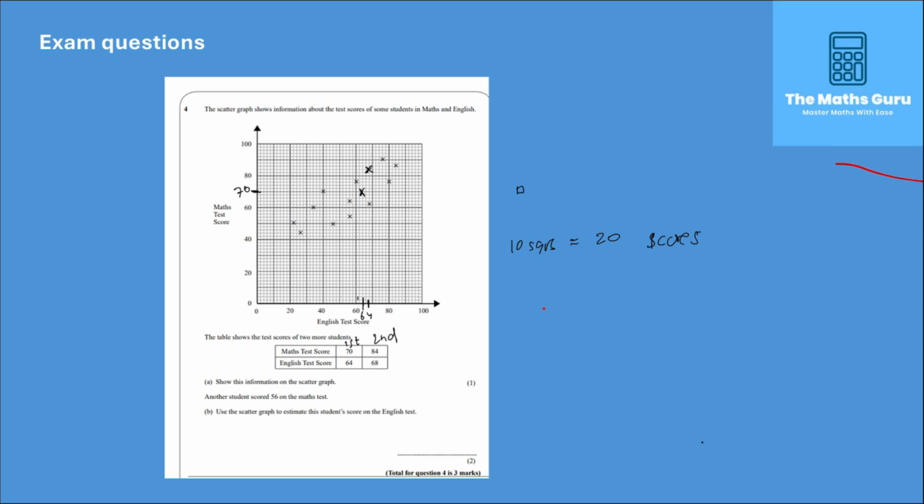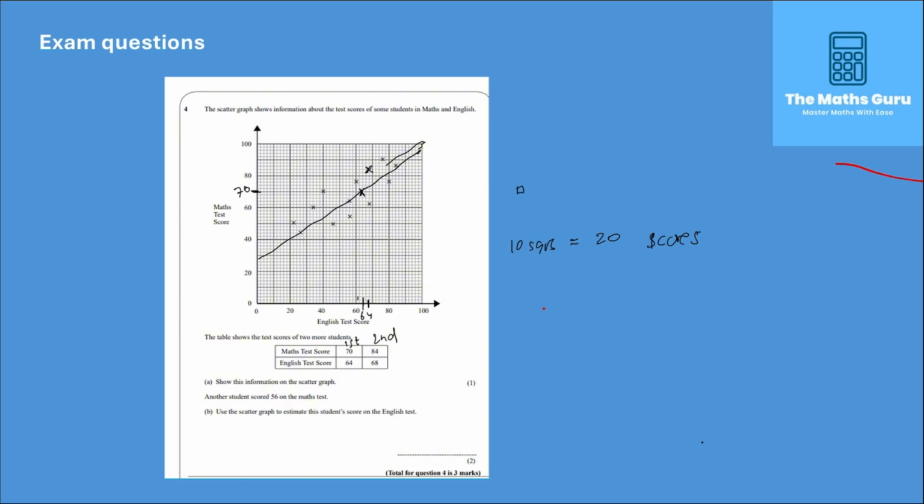It says another student scored 56 on the maths test. Use the scatter graph to estimate this student's score on the English test. So again, we're going to have to use our line of best fit and draw a line like this.